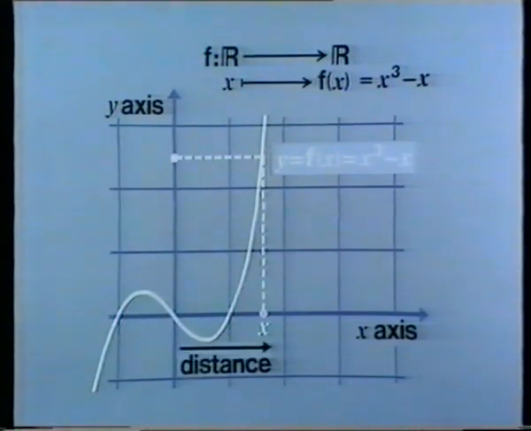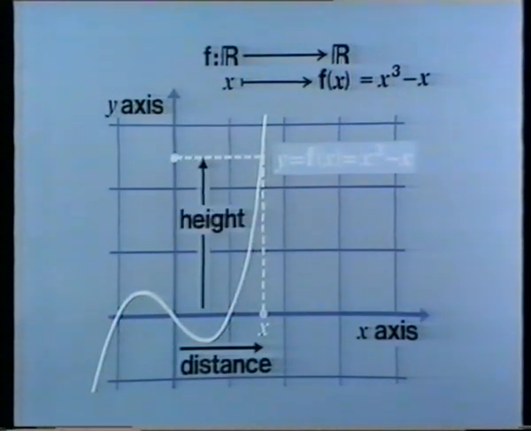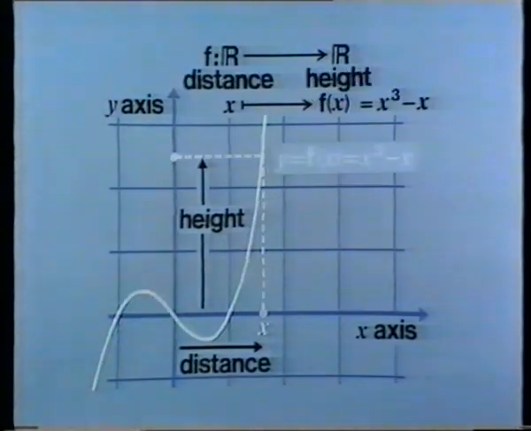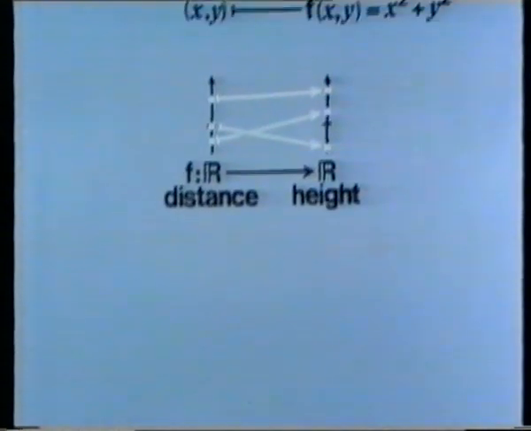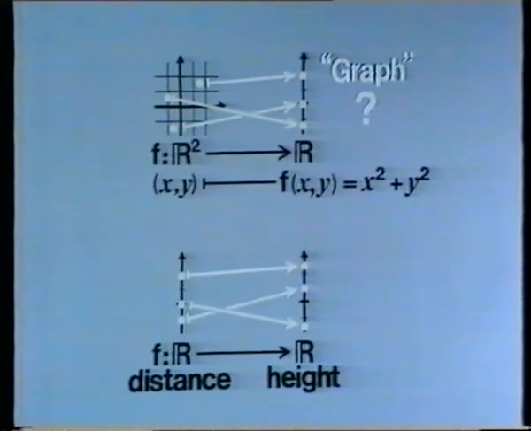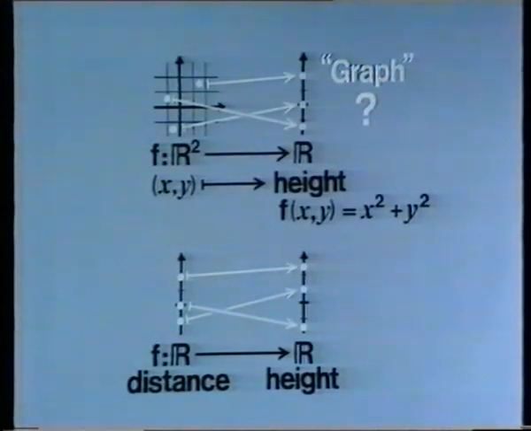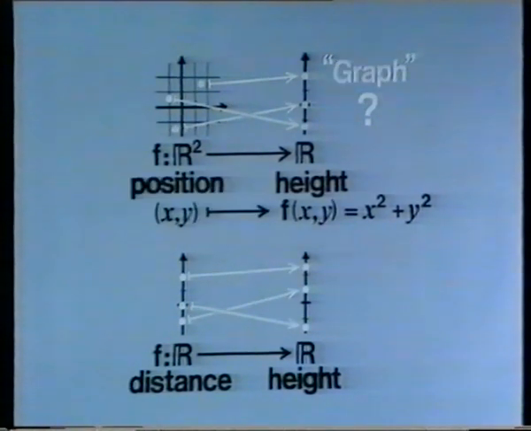That is, for each distance x from the origin, the height y is just the image value f of x. And we use the same idea for a function from R2 to R. We again use height for the codomain, but for the domain we have to use position. So instead of distance along a horizontal x-axis, we use position on a horizontal plane.